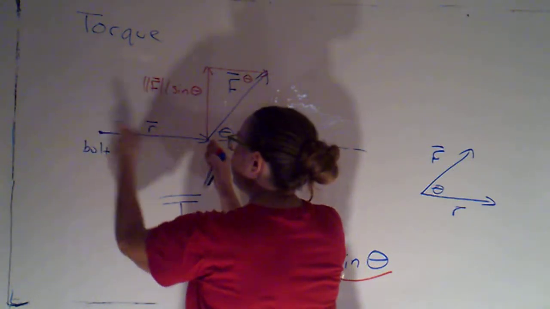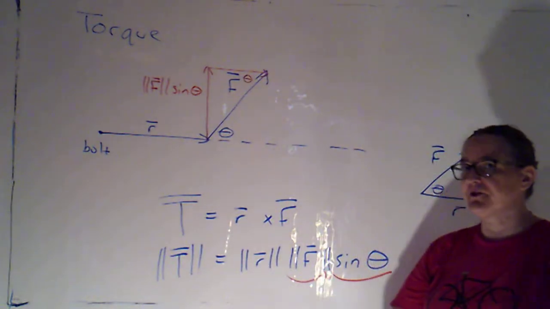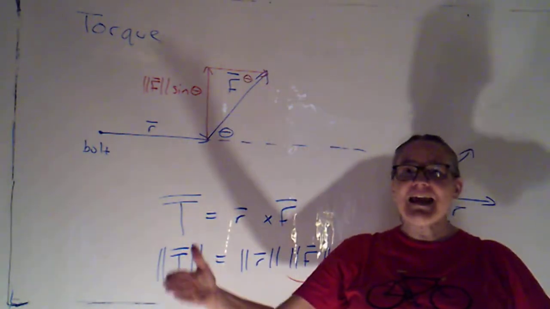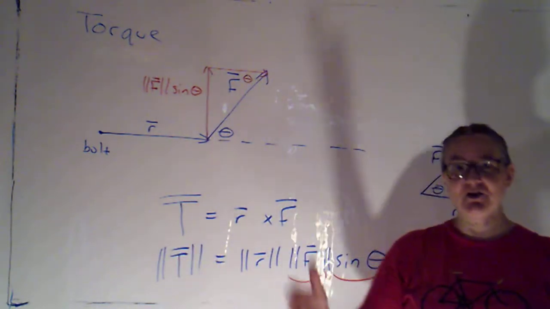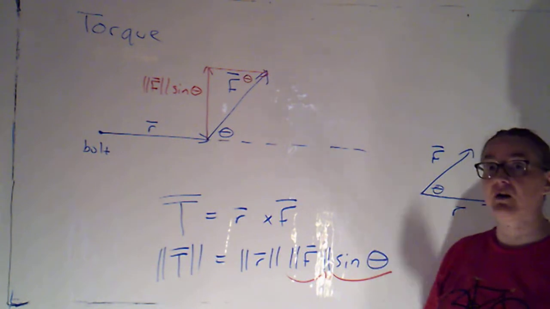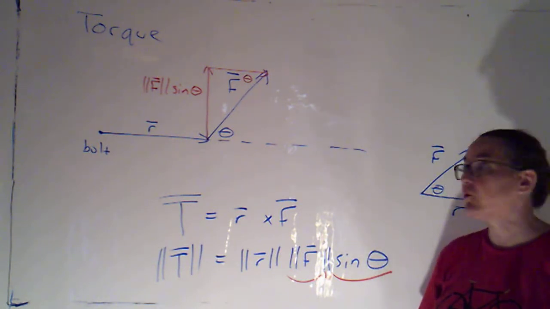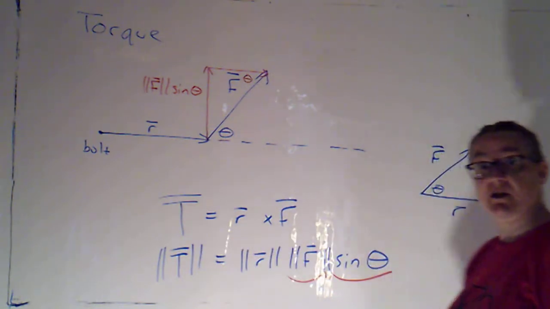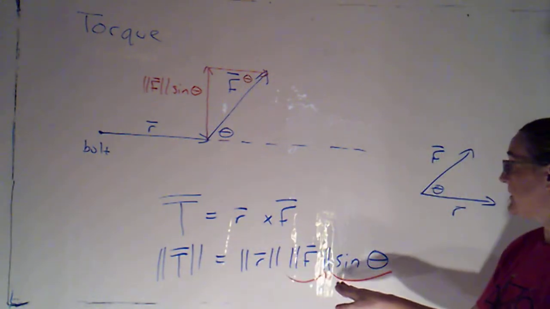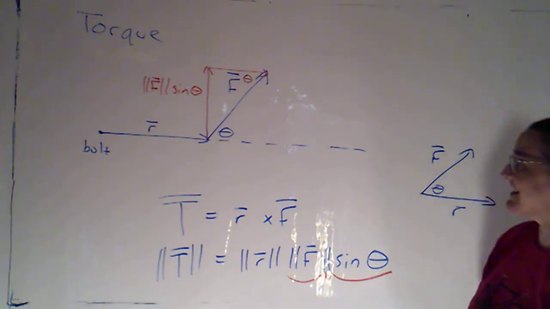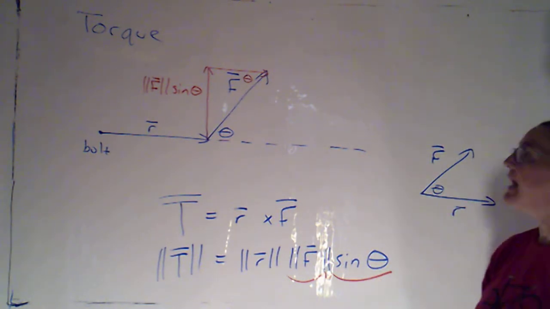General principle in physics is that if you're using a lever to move something, and a wrench is sort of acting like a lever here, the length of that lever arm contributes to the amount of force that you'll get. A longer lever arm is going to give you more force, and in this case, more torque. So the magnitude of the torque is just the product of that lever arm and the component of the force that's contributing to, in this case, the bolt turning.